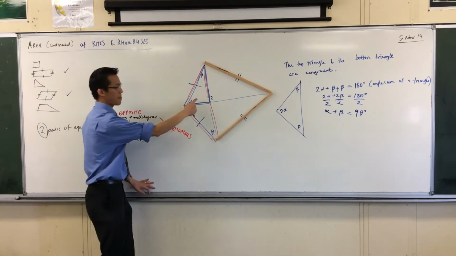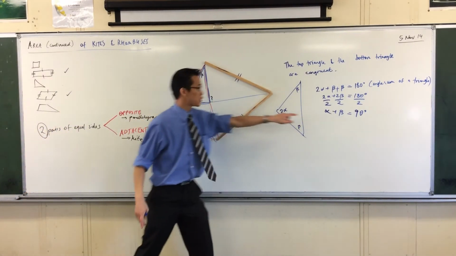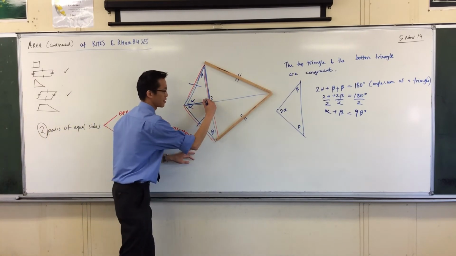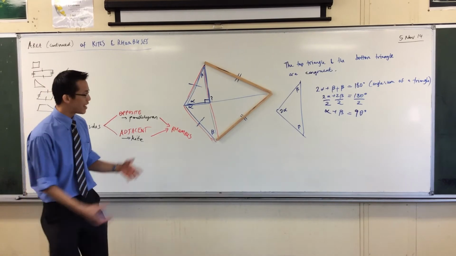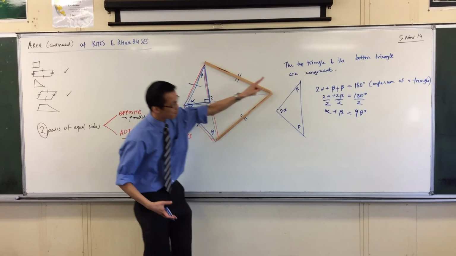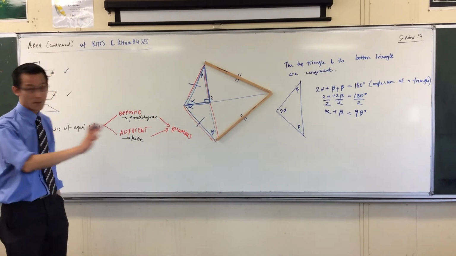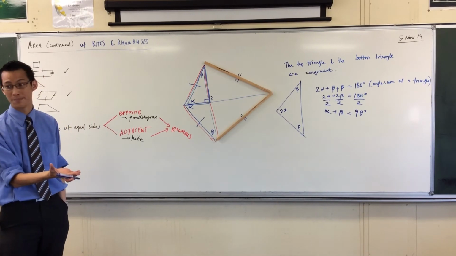Alpha plus beta is 90, so I've got one last angle, and it has to be 90 degrees in order to get the 180 that a total triangle has to be. So now I'm not just guessing, and I'm not just saying, oh, it kind of looks like it. I've proven it. The logic holds. No matter what kite you present to me, all 30 kites that are in the room, they're all going to have the same properties, even if they all look different. Does that make sense?